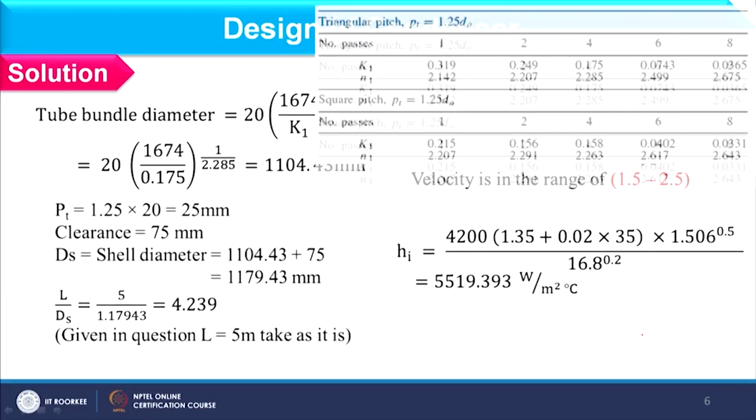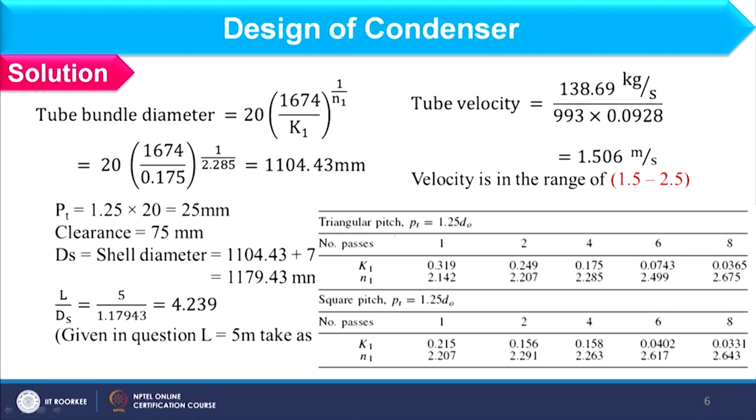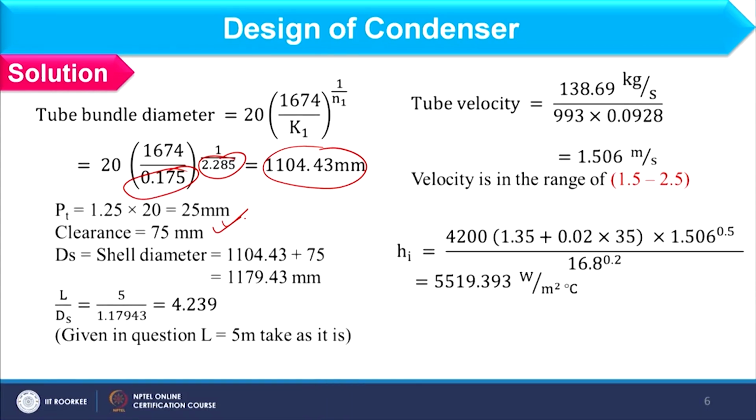Now, considering the bundle dia for 1-4 pass, you can find out the K1 and N1 values according to triangular pitch, and for 1-4 pass you have values as 0.175 and 2.285, right. Considering the K1 and N1 values, you can find out the tube bundle diameter, and further you have to see the clearance for a split ring exchanger, and then you can find out the shell diameter as 1179.43.